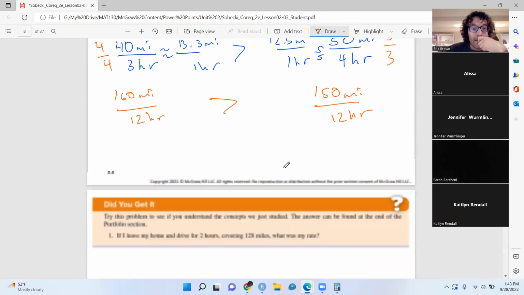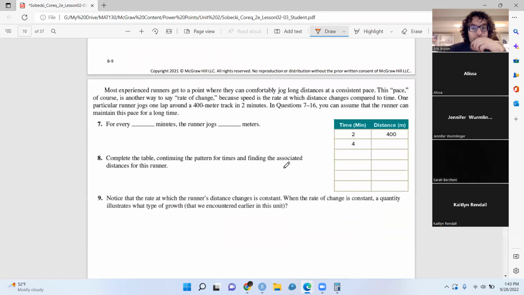Awesome. Okay, so now we're going to look at what happens if we keep this pace. What happens if we stay constant? So our author says most experienced runners get to a point where they can comfortably run long distance at a consistent pace. Experienced runners don't use the word jog.